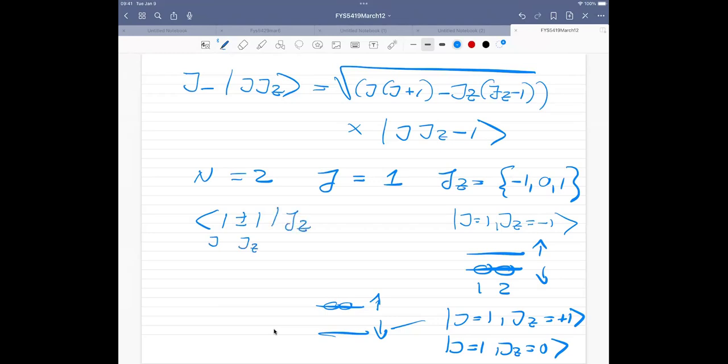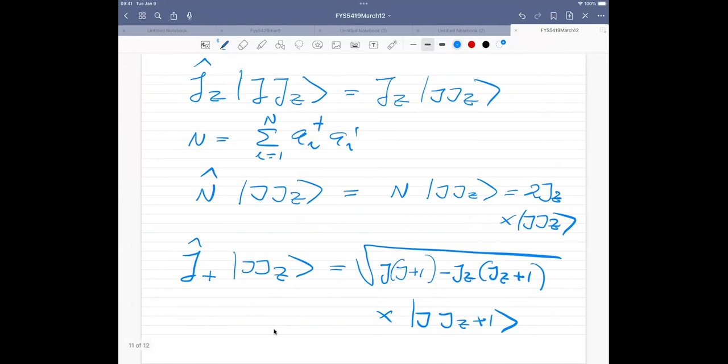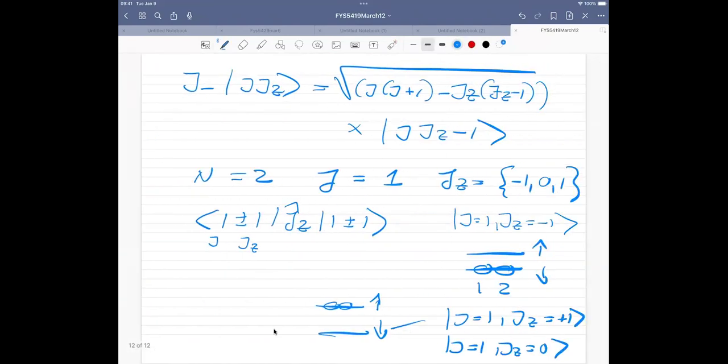So I have the operator JC and 1 plus minus 1. So if I now look back at the eigenvalues which I get, I should then get, for this specific case, just plus minus 1.